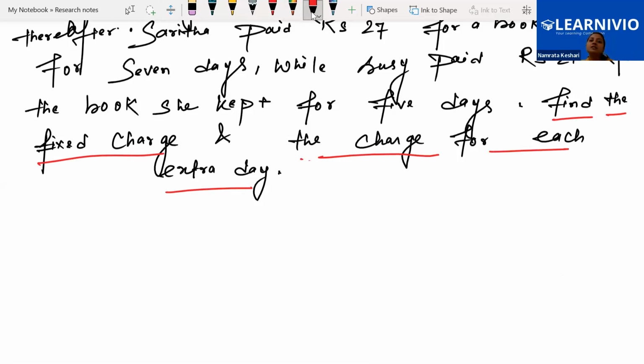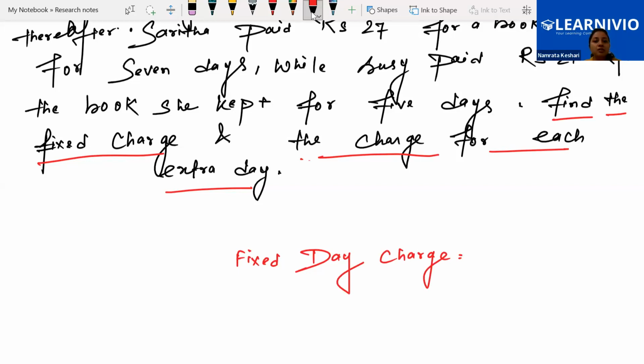That means we need to take as an assumption the fixed charge, a certain amount which is fixed, as a variable x, y, z, whatever.